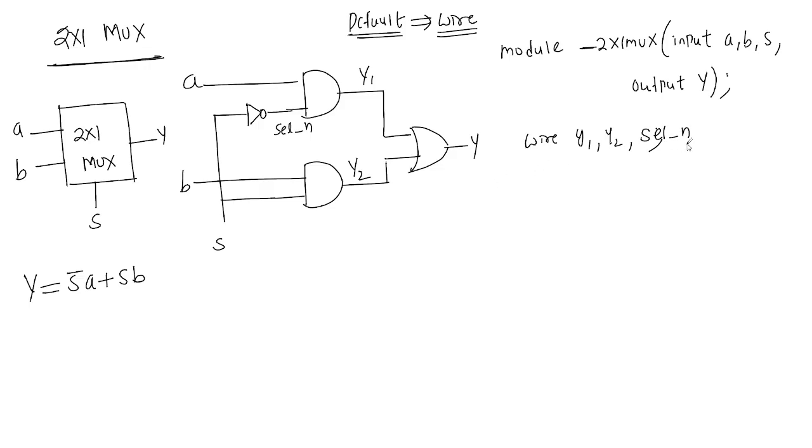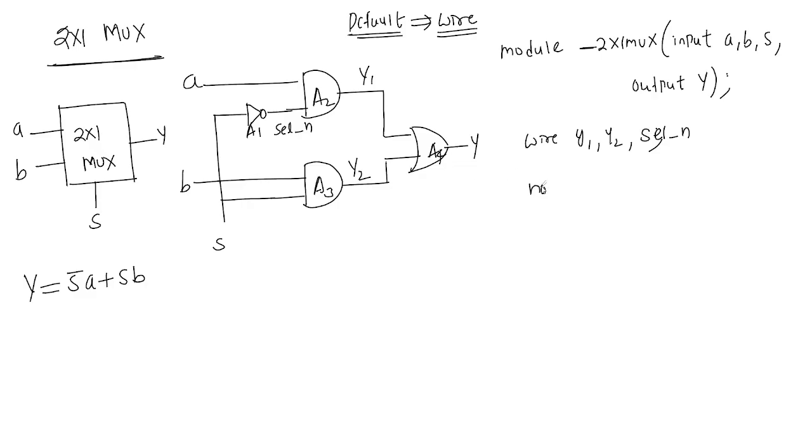The gate level instances are a1, a2, a3, and a4.